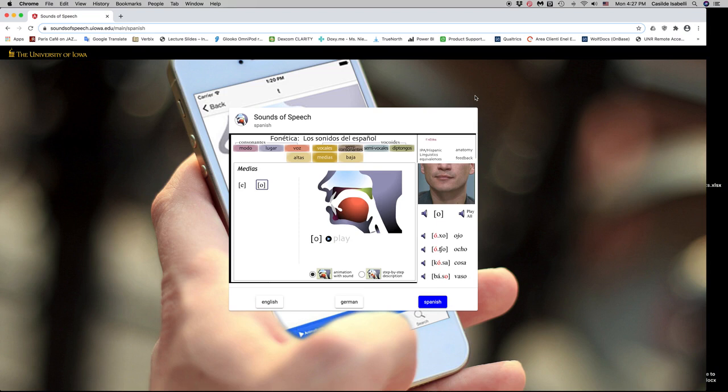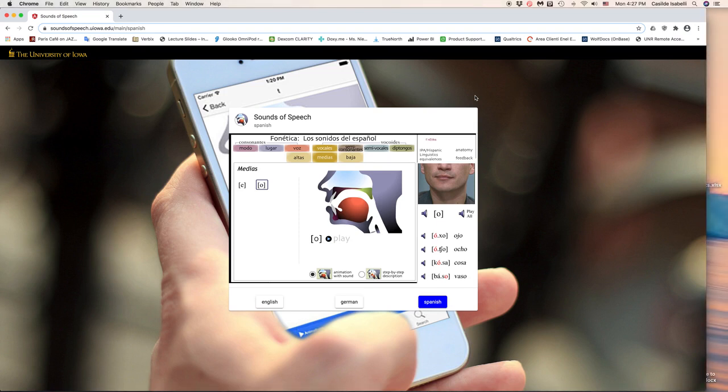We are now on chapter 9, looking at vowels. There used to be this wonderful site that you see here on the screen out of the University of Iowa called the Sounds of Speech. But because it relies heavily on Flash, whatever that is, those will all be discontinued in December of 2020.